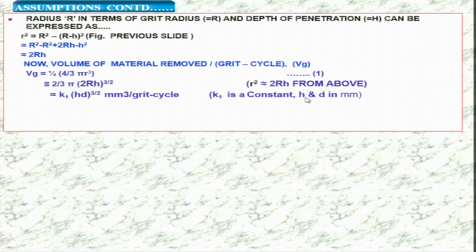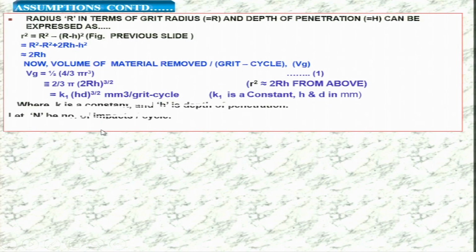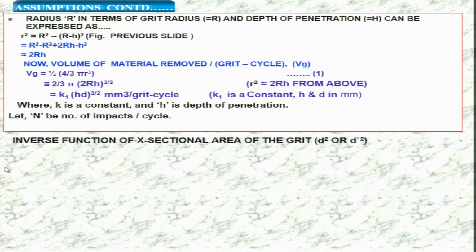K1 is a constant, h and d both are in millimeter. According to the units taken for h and d, the value of K1 will change, where K1 is constant and h is depth of penetration, and let N, this is K1, not K, N be the number of impacts per cycle, because in each cycle N particles are impacting the workpiece surface, because there are many abrasive particles under the tool.